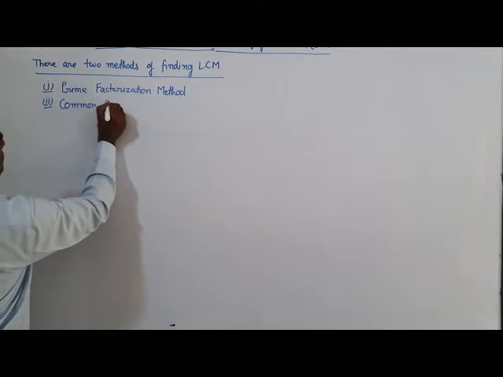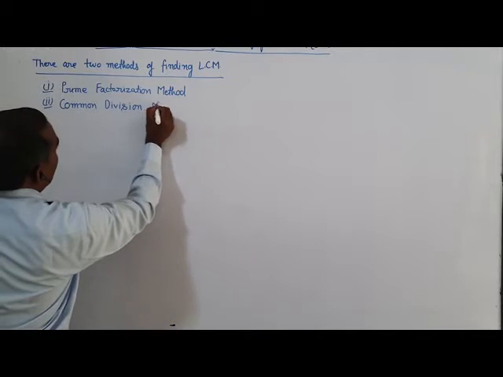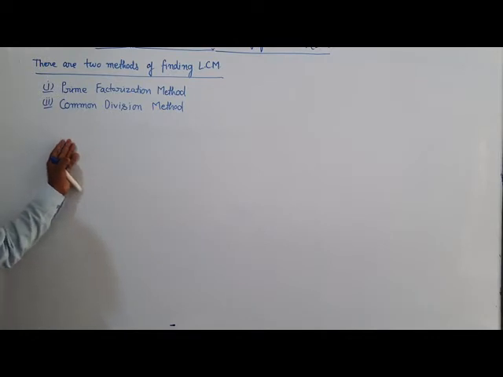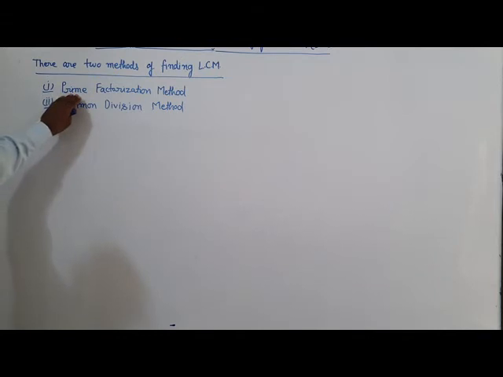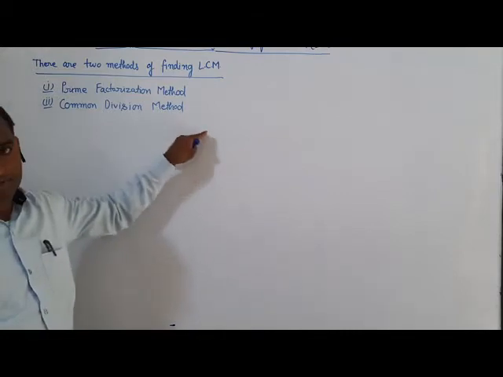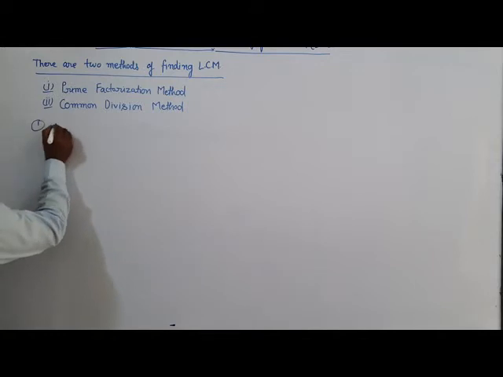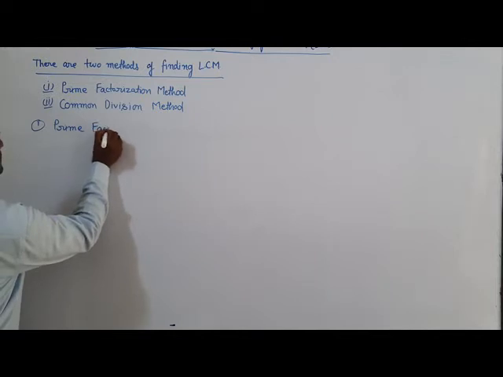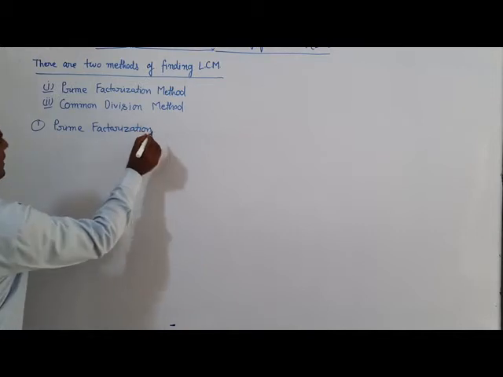With the help of these two methods, you can find the LCM. First is the prime factorization method, second is the common division method. So first of all, we will start with the prime factorization method.